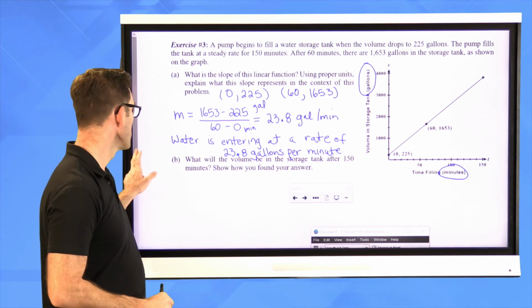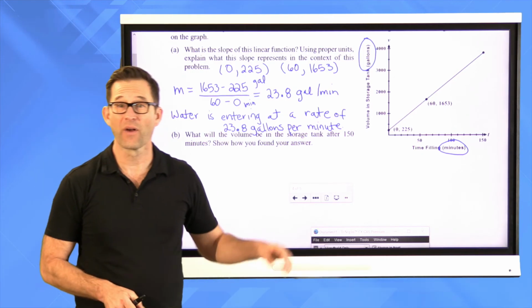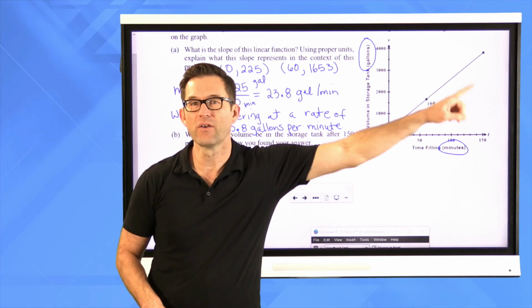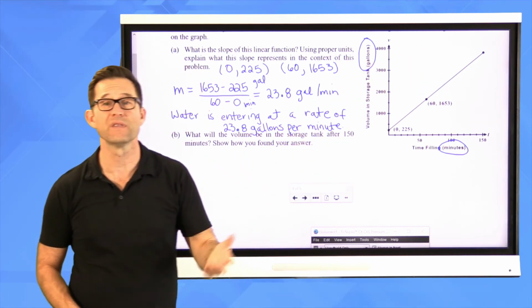Now, let's take a look at letter B. What will the volume be in the storage tank after 150 minutes? Show how you found your answer. All right, so like on the graph, we can see that after 150 minutes, we're getting pretty close to 4,000 gallons. The question is, what is the exact amount?